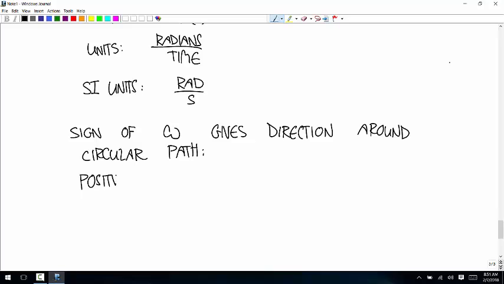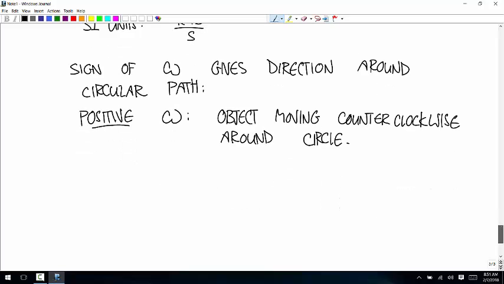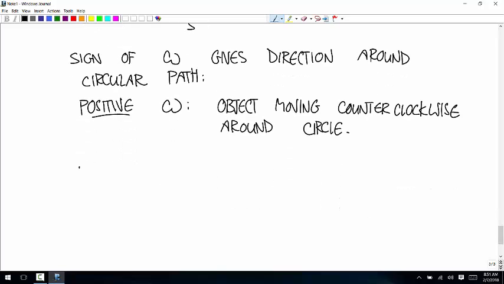A positive omega means the object is moving counterclockwise around the circular path. And a negative omega means that it's moving clockwise.